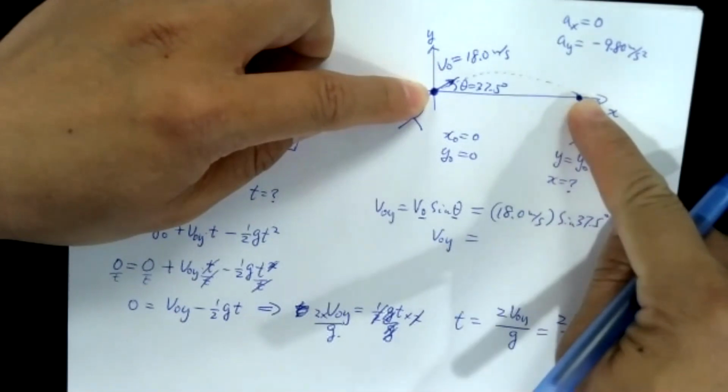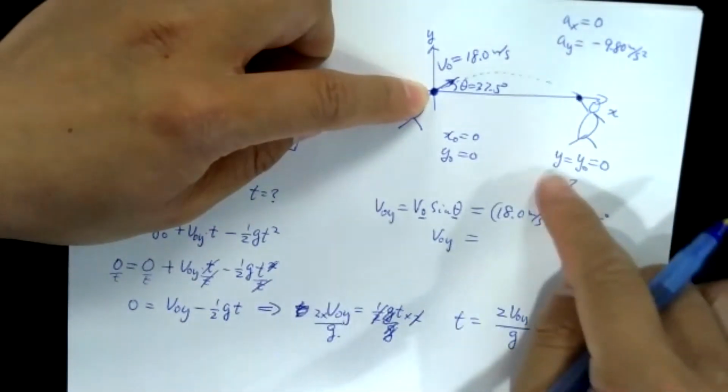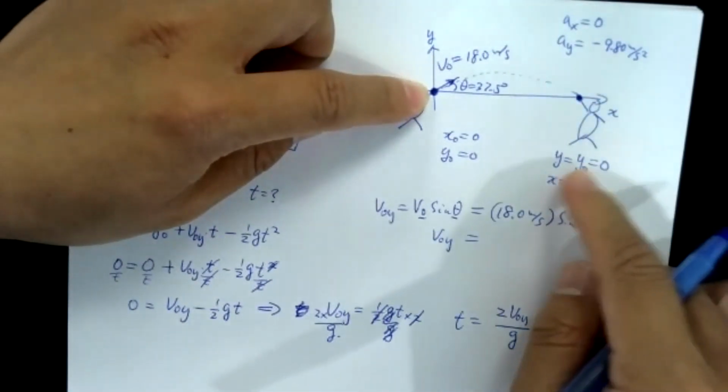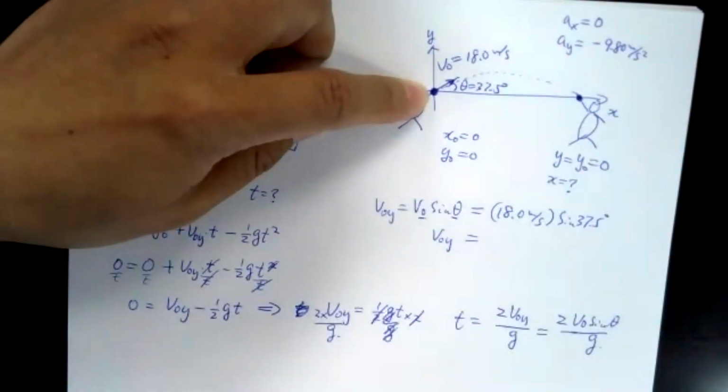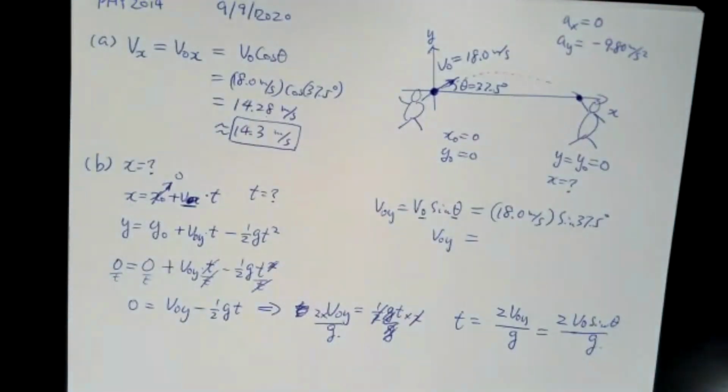That is one condition: y should be equal to y0. Then t is equal to that. So this applies when y equals y0.